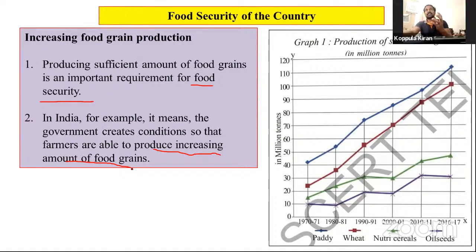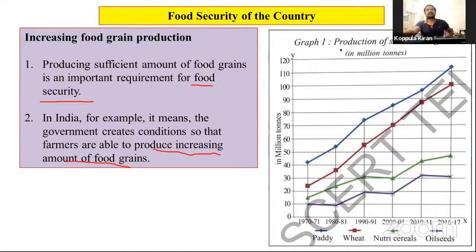These conditions should be created by the government. Then farmers can easily get more and more production from the fields.